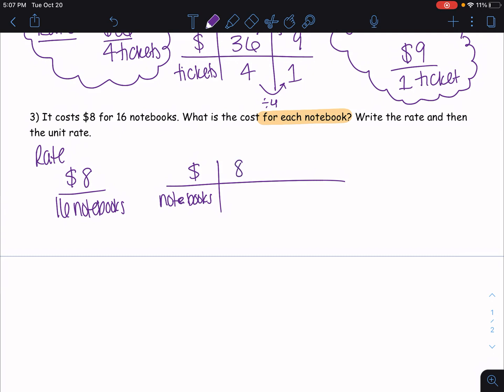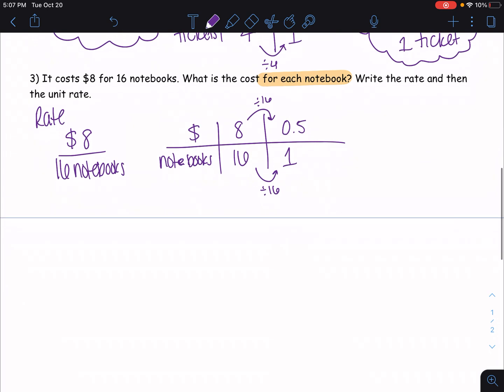And it's $8 for 16 notebooks, and I'm trying to get to 1 notebook. So I'm dividing by 16. 8 divided by 16 is 0.5.